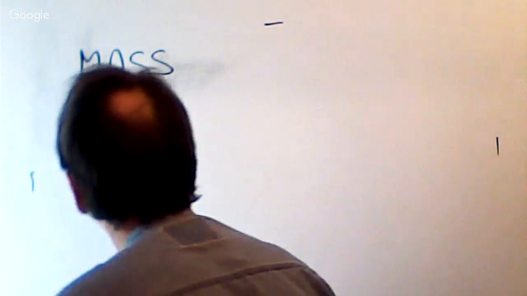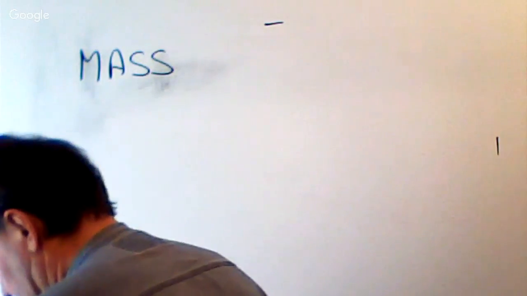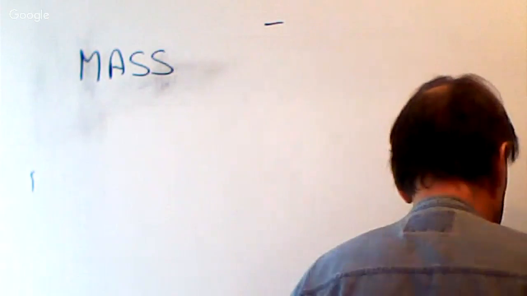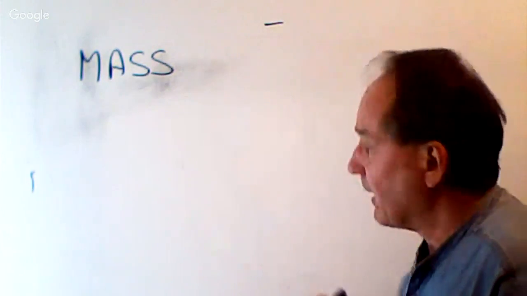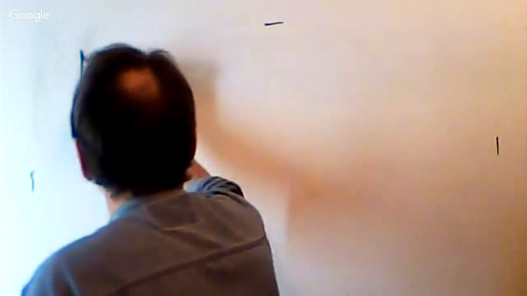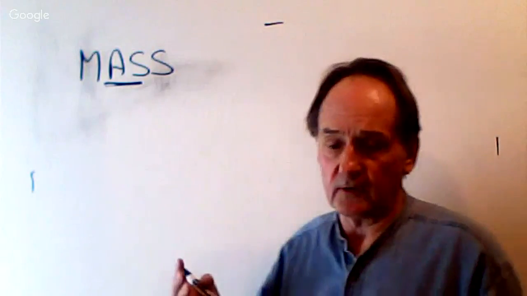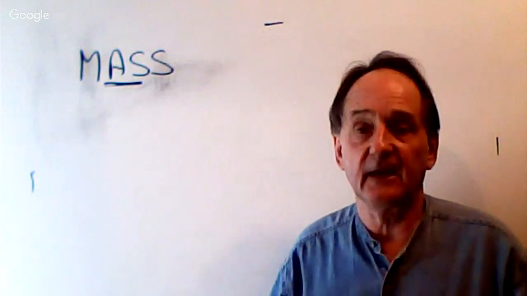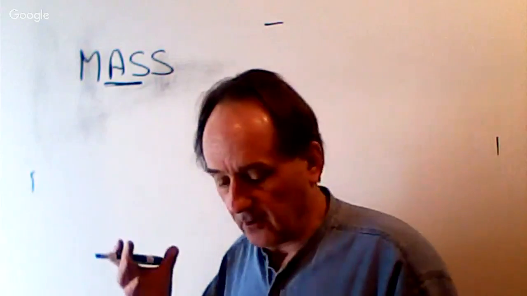Okay. Now, let's talk about, I talked about this last time, but it seems I need to hit it home a little more. Mass. What is mass? Mass is the amount of physical matter contained in an object. It's a measure of the amount of matter in an object.